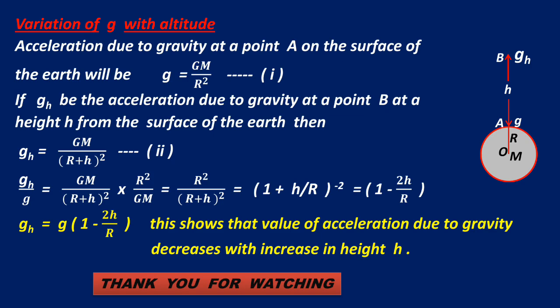Then we are getting (1 plus h by R) whole power minus 2, and after binomial expansion we are getting 1 minus 2h by R, neglecting higher powers of h by R. So gh equal to g into (1 minus 2h by R). This shows that the value of acceleration due to gravity decreases with increase in height h.